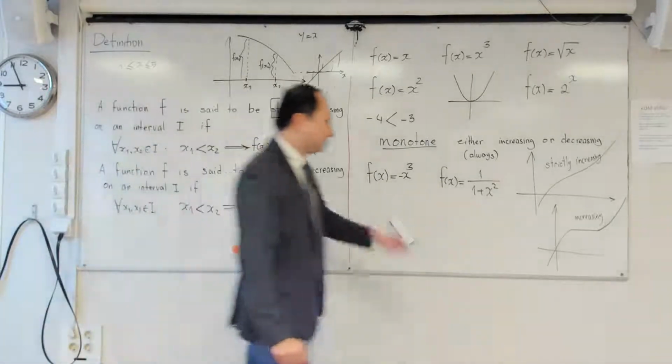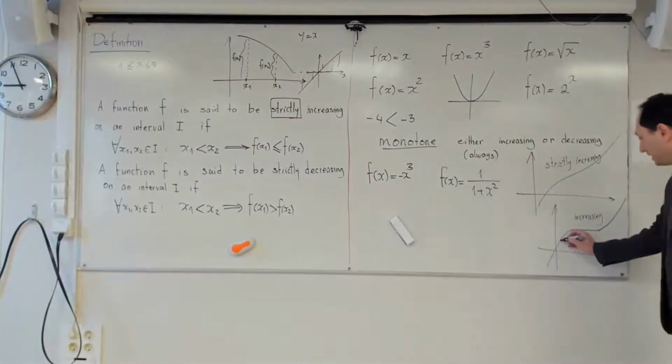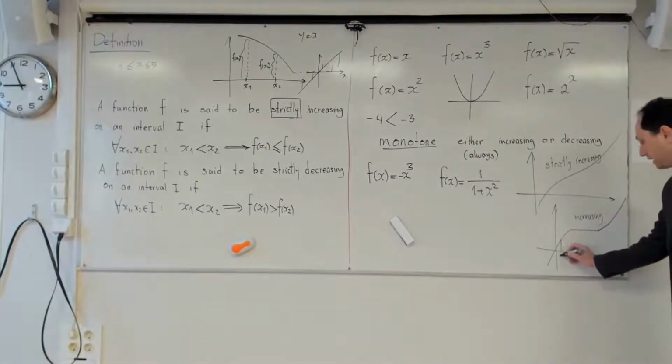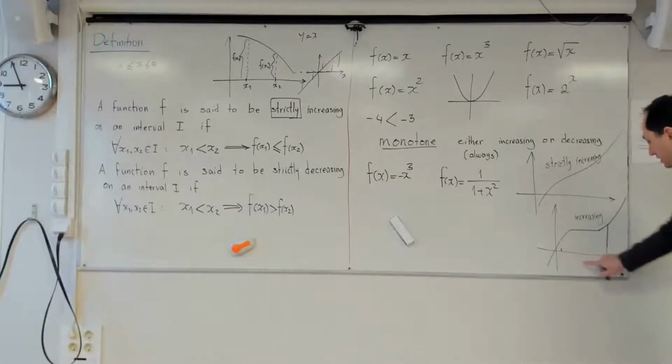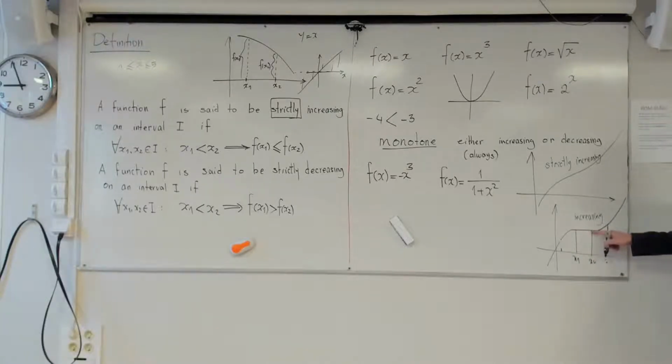So you see here, if this is x1 and this is x2, x1 is less than x2, this height is also less than this height. But now let us change the idea. Let me take this one to be x1 and this one to be x2. Here again, x1 is less than x2, but f of x1 is equal to f of x2.